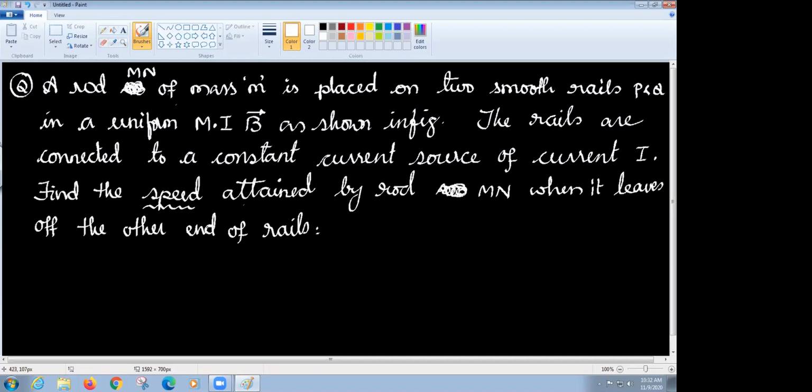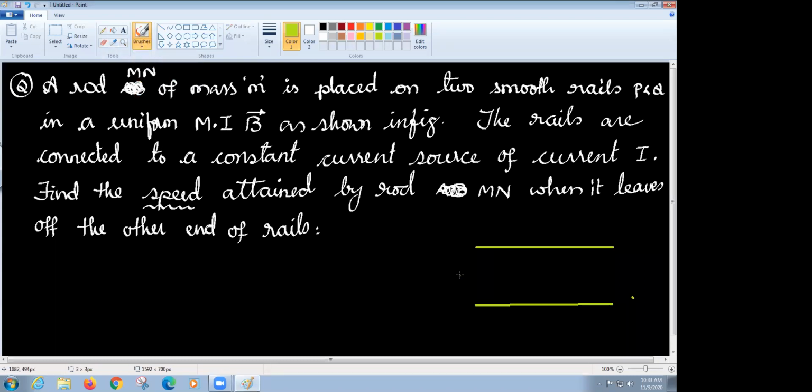This is a very simple question. Say you have two rails like this, rail 1 and one more rail.